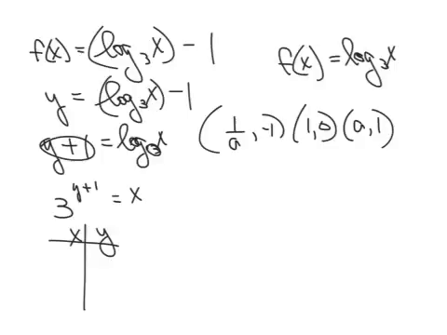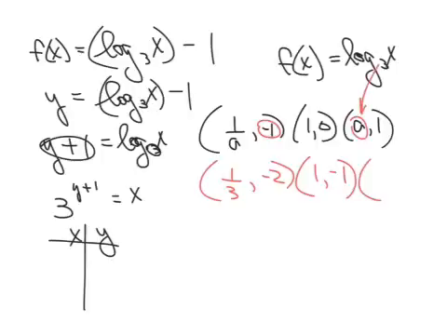We're going to replace the a with 3, and that negative 1, it says we're shifting it down 1, so it'll be a negative 2 now, and this will be 1, negative 1, and this a here is that number right there, and this gets shifted down 1, so that gets shifted to 3, 0. Okay, so there's 3 points right there.